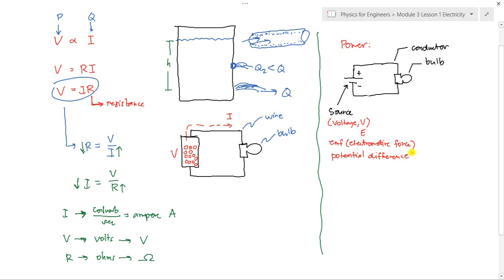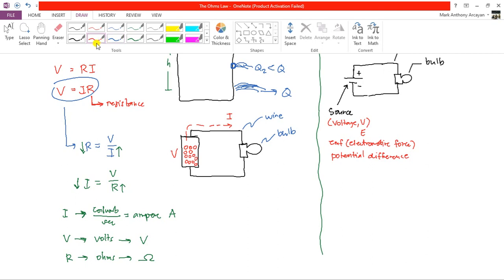It is like water, where the difference in pressure from one level to another is called potential difference, the difference in voltage from one point to the other. So the other terms for voltage are EMF or potential difference. Here the battery is our source, and every source possesses an EMF or potential difference.